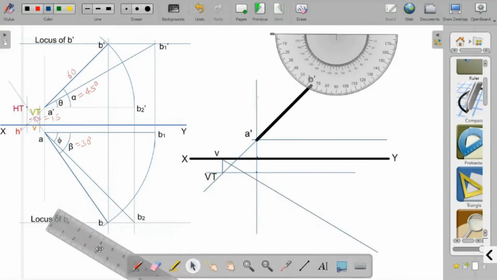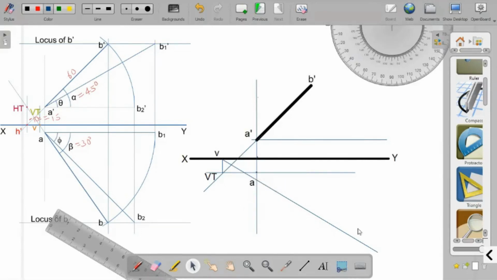Now the point A should lie on the projector through A dash, that is this line, as well as on the line representing the top view, which is this line. So this should be the point A. And to get the point B, we draw a vertical line from B dash to intersect with the line representing the top view.